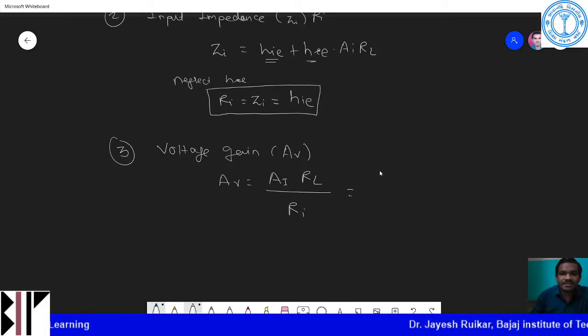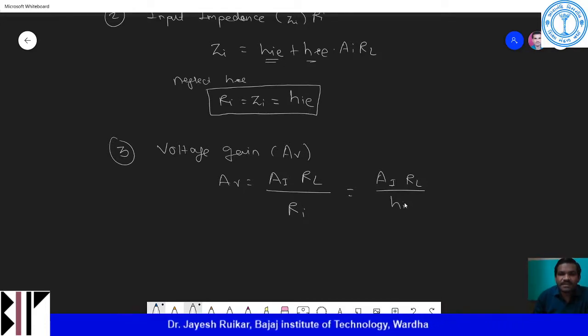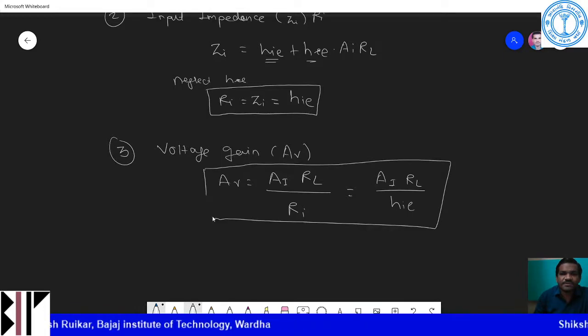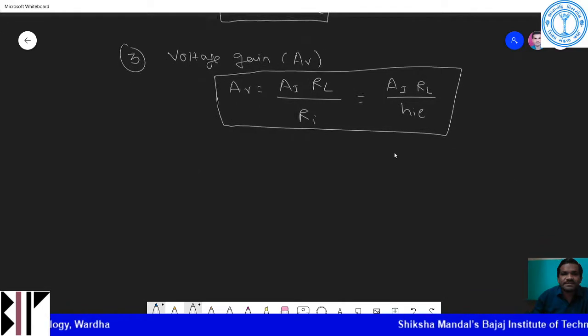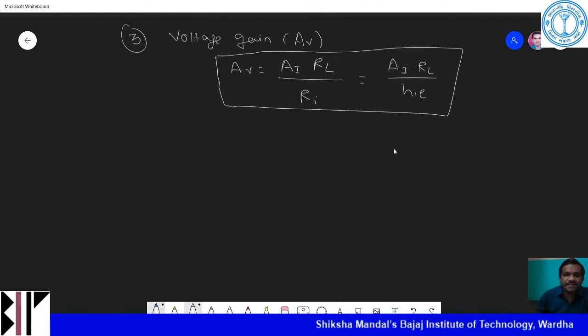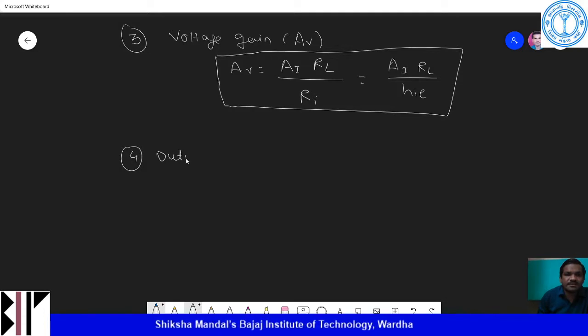I can rewrite this as AI into RL divided by HIE. This is the formula for your voltage gain in the approximate, or simplified, analysis.